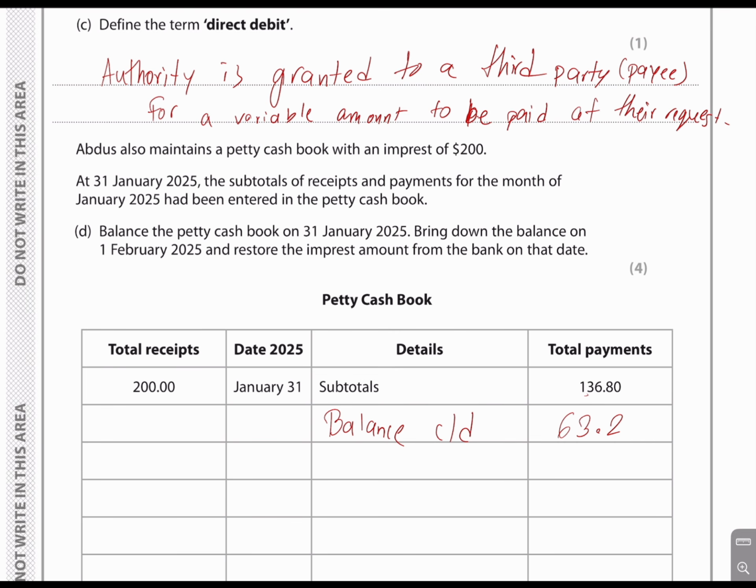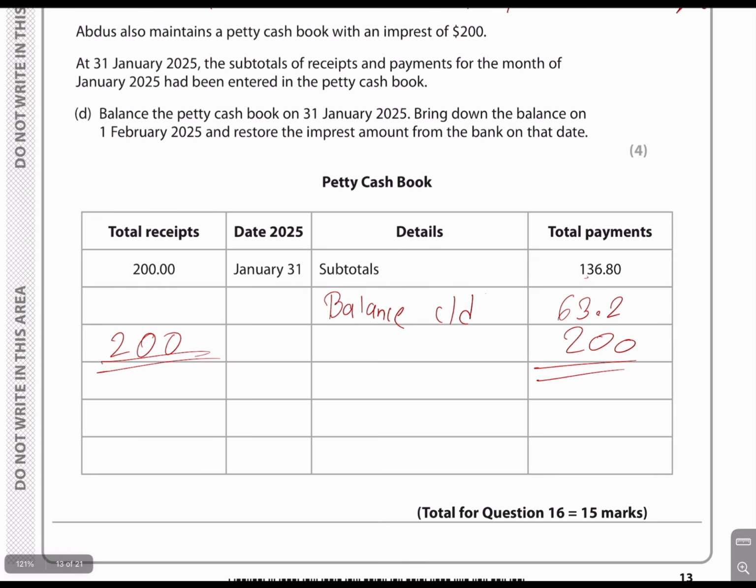Now we total the sides, it's 200. It's 200 as well. Now balance c/d, and the balance will come as b/d on the left side, on the opposite side.